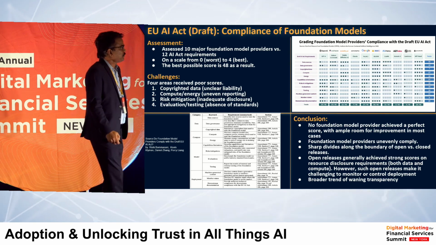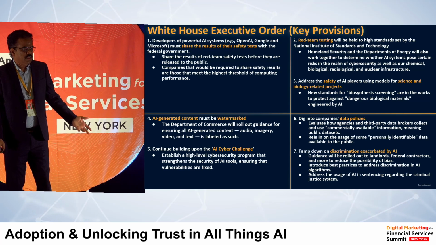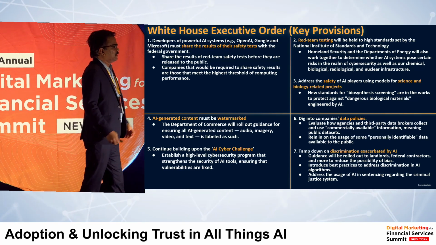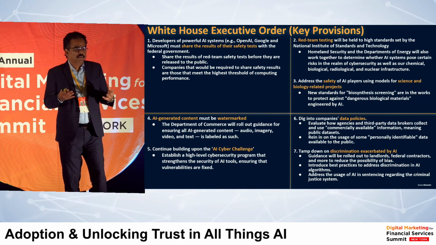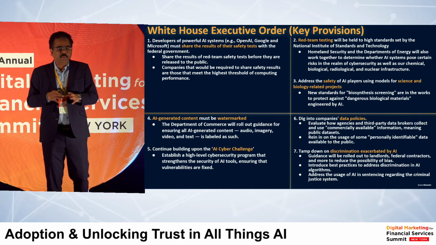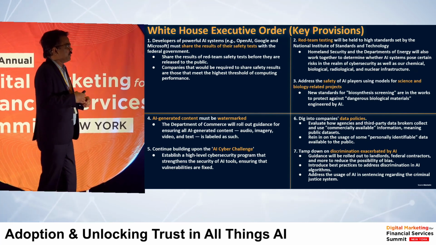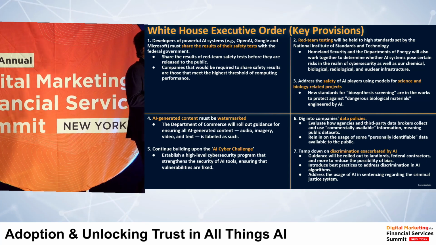Now, you might have also seen, I think two days ago, the White House came out with this executive order. But again, I just took some of the provisions, not all of them, because it's a little bit political as well, so I removed all of those. If you see, they're looking at the safety tests. What kind of safety tests were performed? Can you disclose them? They're also looking at red teaming.